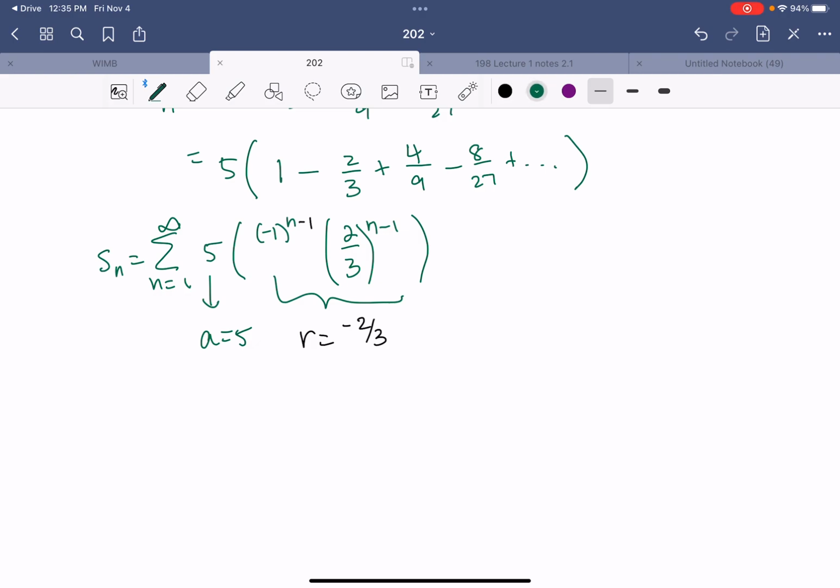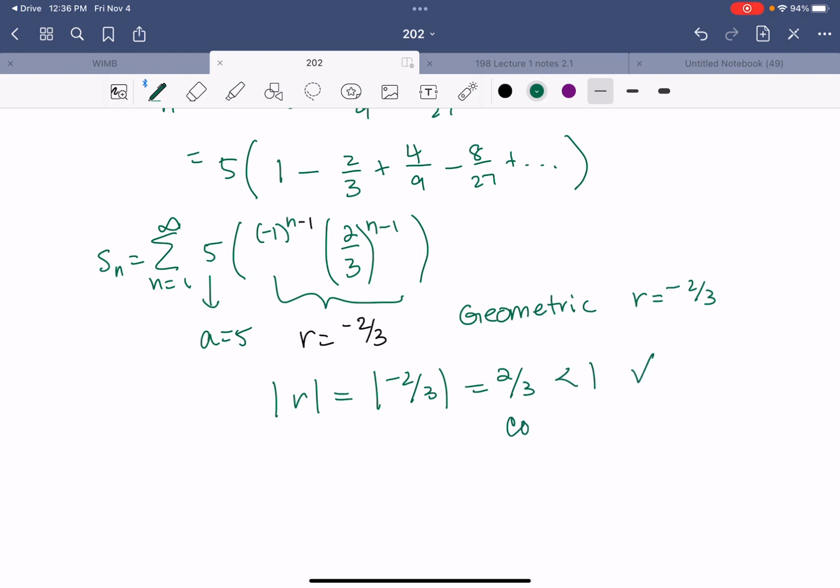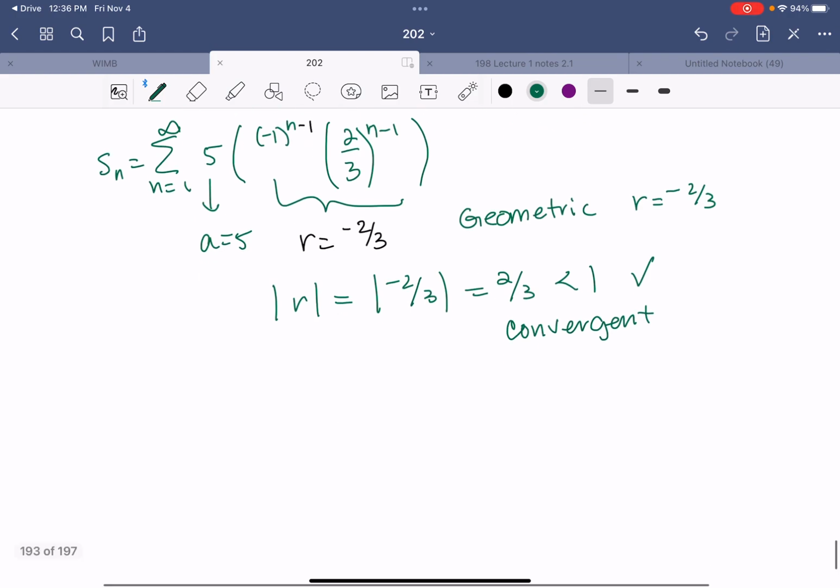So if I want to tell whether this is convergent, this is geometric with an r equal to negative 2/3. The absolute value of r would be the absolute value of negative 2/3, which is equal to 2/3, is in fact less than 1. So therefore it is convergent. And the sum is equal to a over 1 minus r.